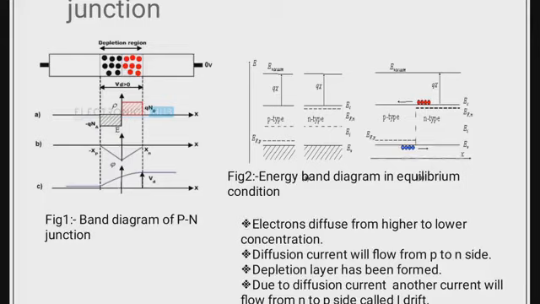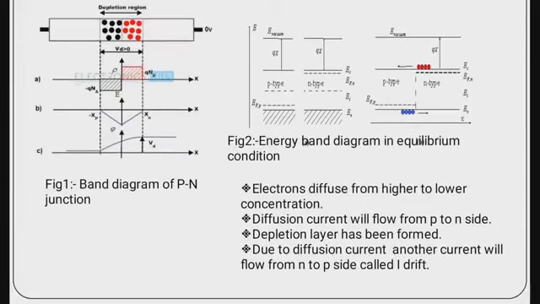After these diffusions the depletion layer is formed, and diffusion current is also flowing, because inside the semiconductor, after the migration of electrons, they leave positive immobile ions, and in the p-type bed, after the migration of holes from p to n side, they leave some negative immobile ions across the junction.